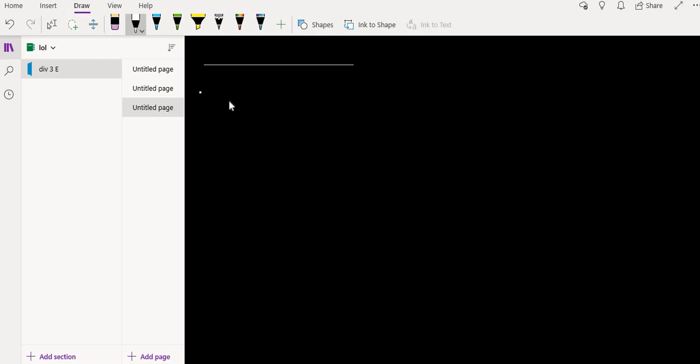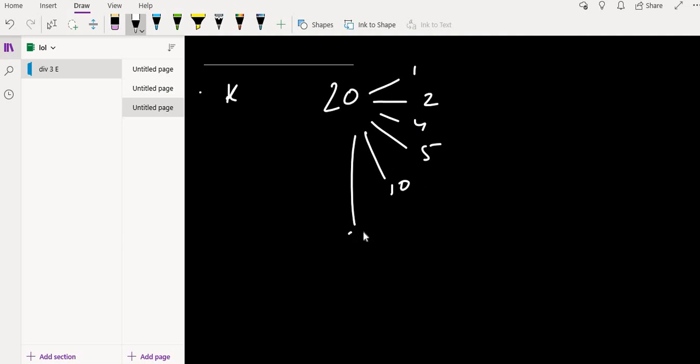Now coming to the solution for the question, what we can do is first factorize the value that is given as k, because we know that if the final string is going to be k beautiful, it's going to be one of the factors of k that is going to make the string k beautiful. Let's suppose the value is 20. So the factors of 20 are 1, 2, 4, 5, 10 and 20.